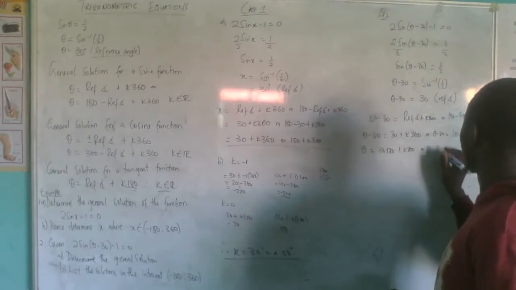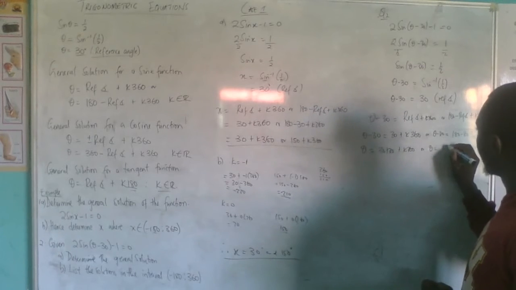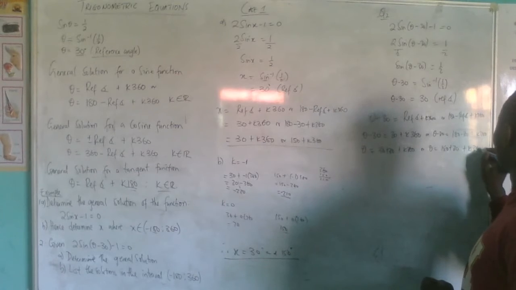Okay, so I'll make theta the subject: 30 plus 30 plus k 360, and 180 minus 30 is 150, plus 30 plus k 360.